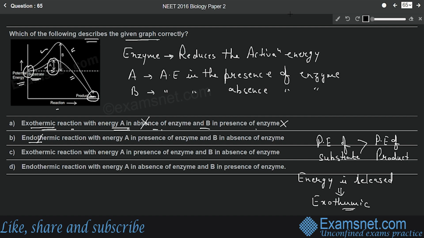This is incorrect, because the process is exothermic. The third statement says exothermic reaction, with energy A in presence of enzyme and B in the absence of enzyme. Yes, this is a correct statement. The last statement says endothermic. Again, this is incorrect, because the process is exothermic. So the only correct option is option C. This is the correct answer.